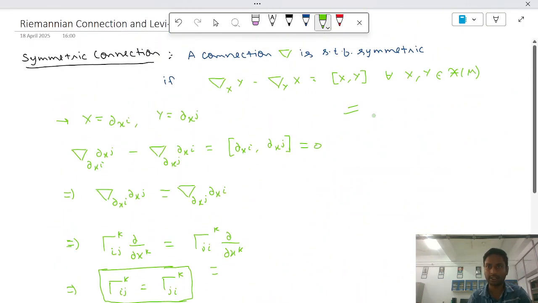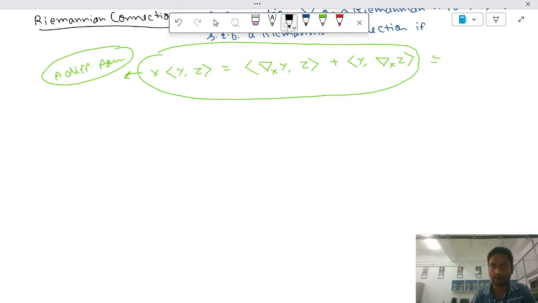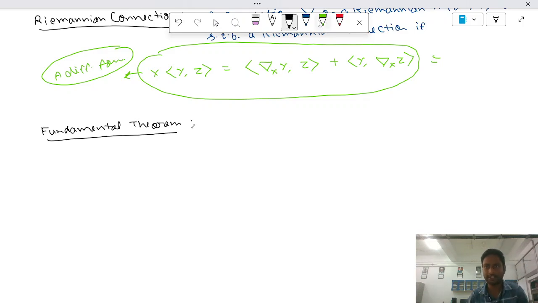I told you the symmetric condition. Now these two conditions give you a very important theorem, which is actually the fundamental theorem. What it says is the following: for our manifold M, there exists a unique connection. The first word is important.